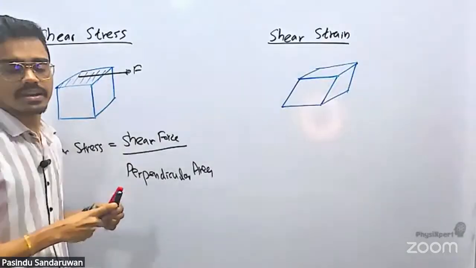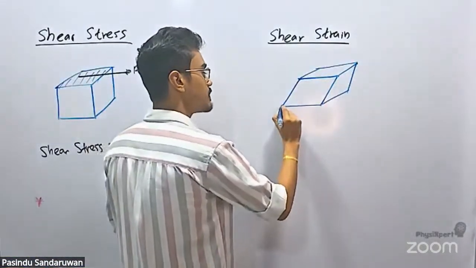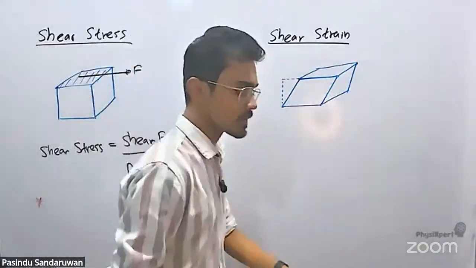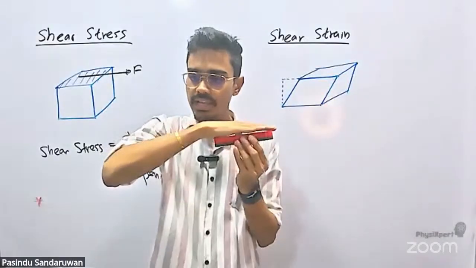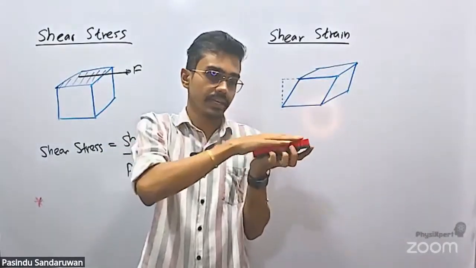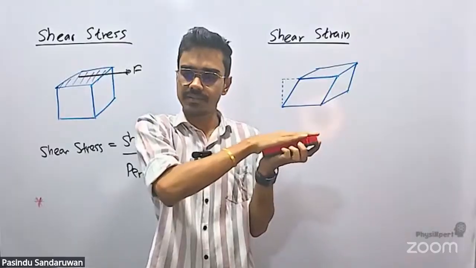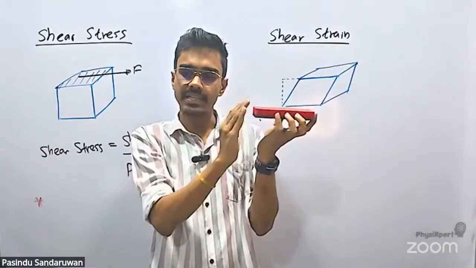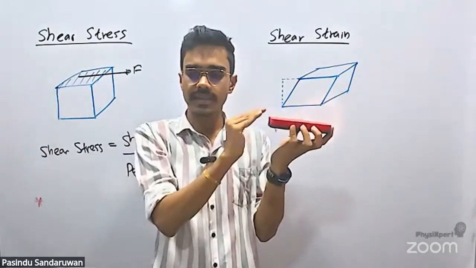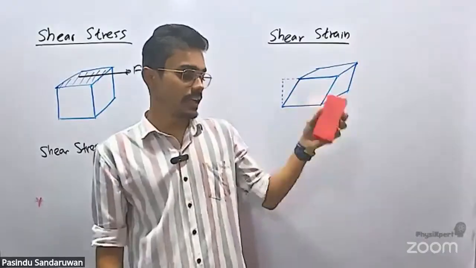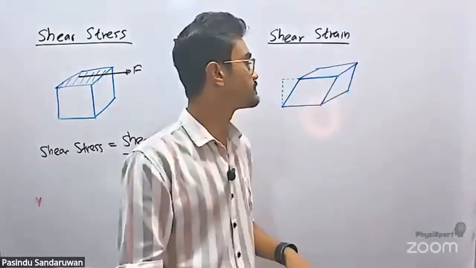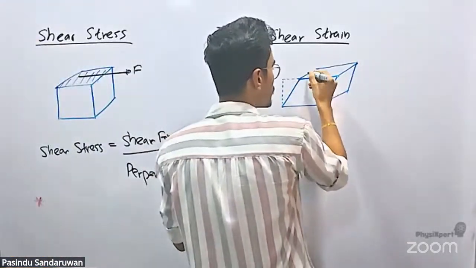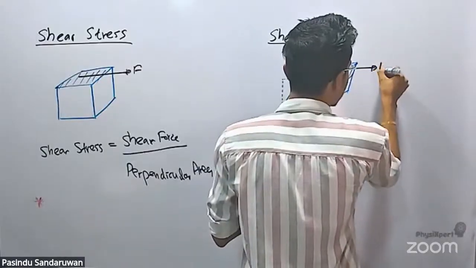Initially this side was vertical, and now with this force applied parallel to the area, the area slides in this particular direction. At the molecular level, these layers are sliding in a particular direction, so it deforms this way, due to this force.